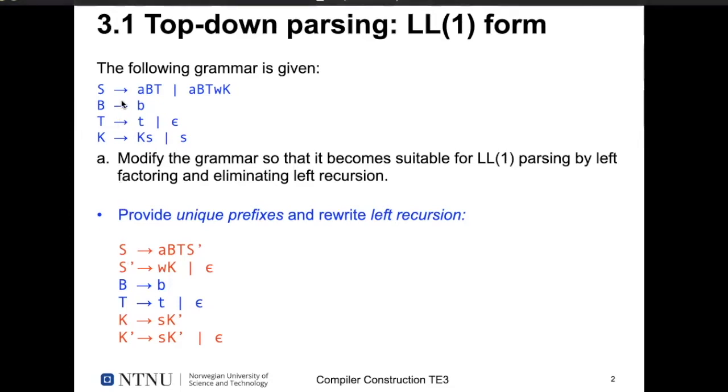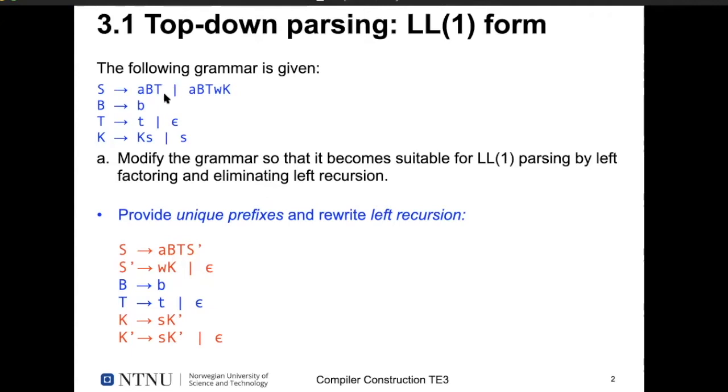So what we do is we introduce a new intermediate production here. Now we go from S to the common prefix A, non-terminal B, non-terminal T. And after that, we have another non-terminal, which is a new one we introduce. This encodes the rest of both productions for S, which is not common.